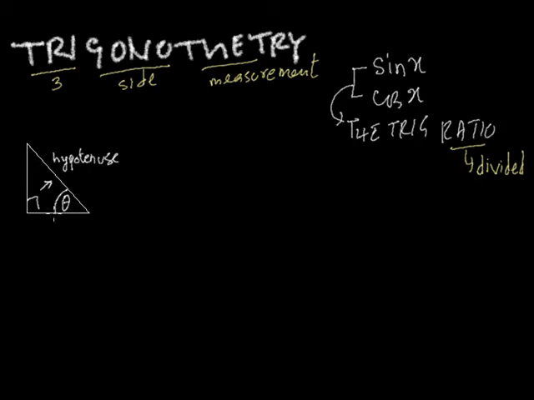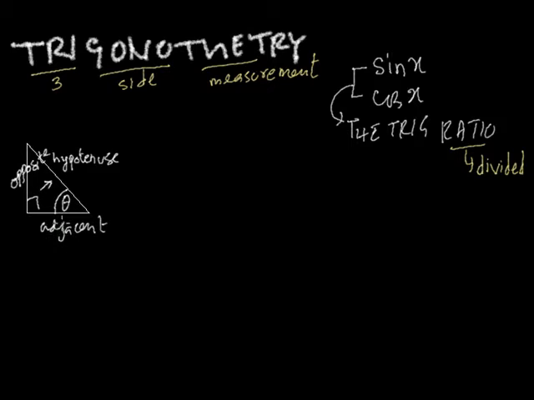If you're referring to this angle theta, then the side opposite to this is called the opposite. So with reference to this angle, this side is opposite, and this side is called adjacent to the angle.